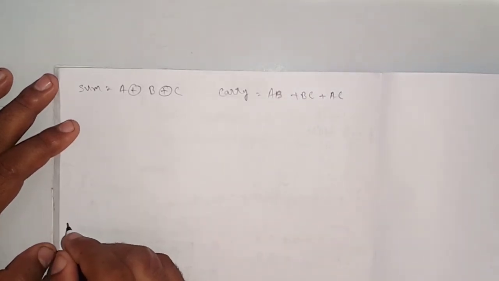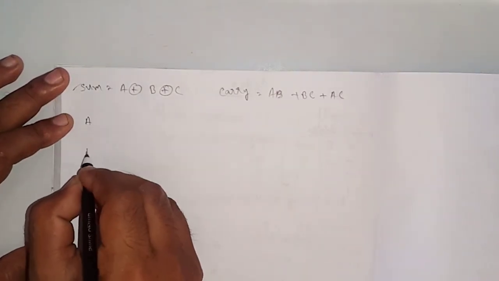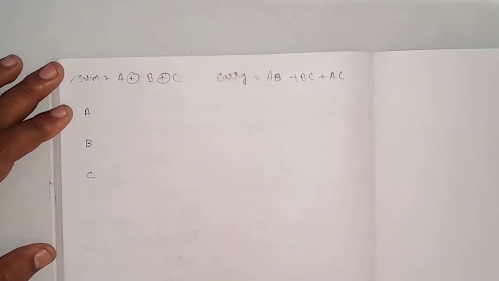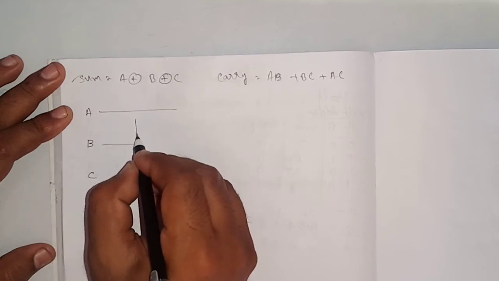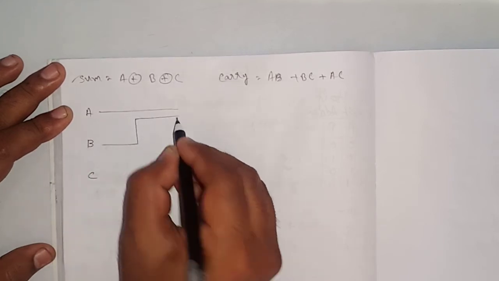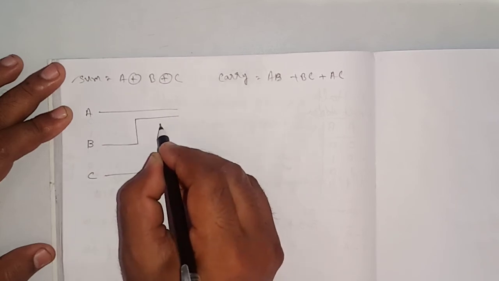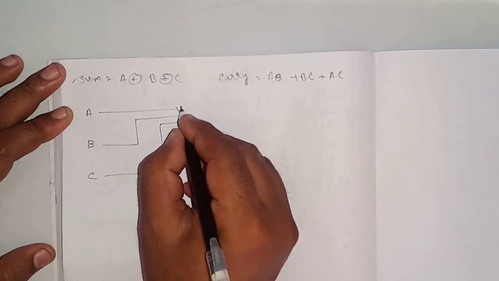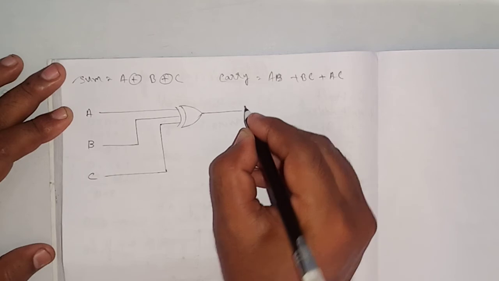Okay. Now we draw the first sum. So A, B, C. Okay, ABC. Now A, B, C. See, we are doing the XOR gate. Sum portion complete.